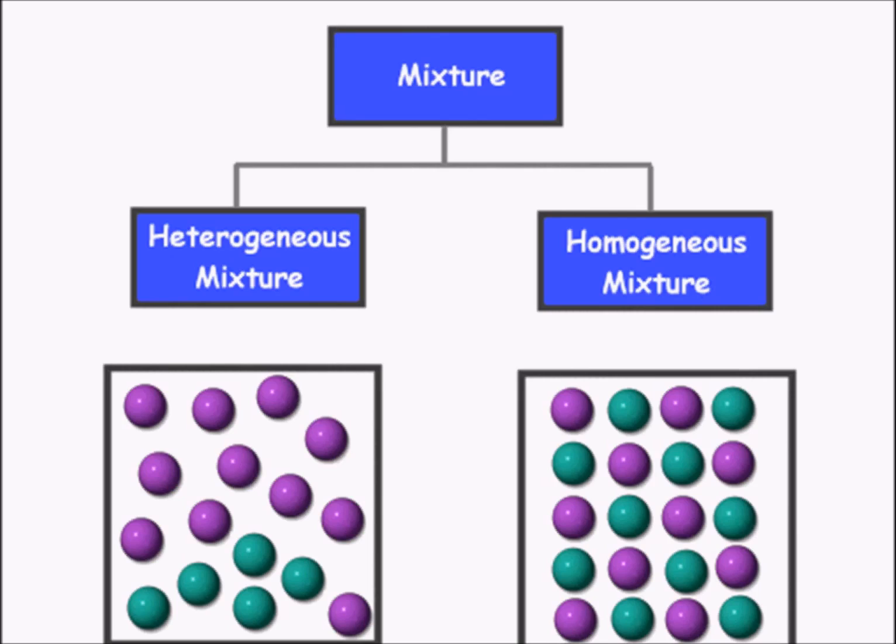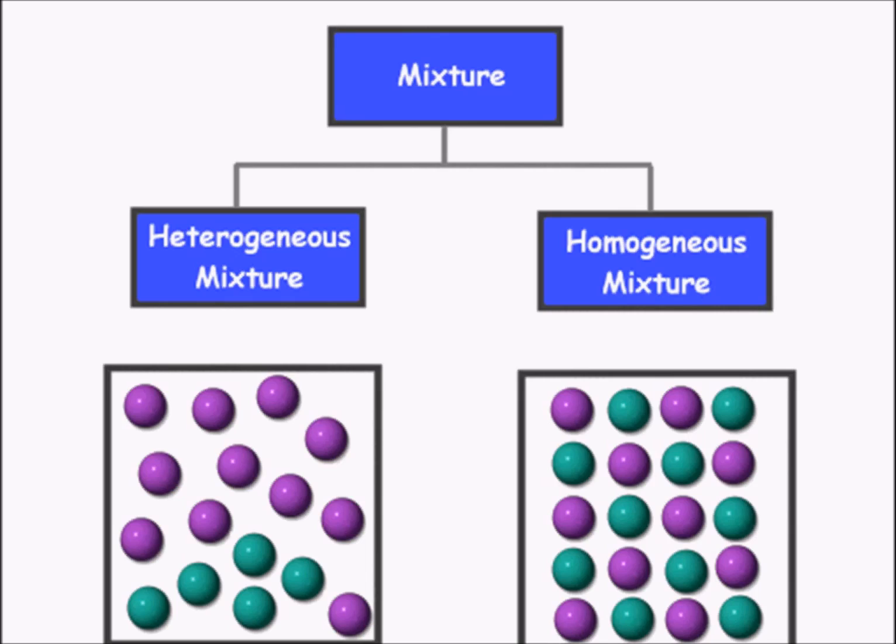Like if you talk about the heterogeneous mixture, it is nothing but a non-uniform composition throughout its mass. For example, if you see sand and water, after sedimentation, you can see water and sand completely individually. So there is a visible boundary of separation between the various constituents of the mixture, which is heterogeneous.